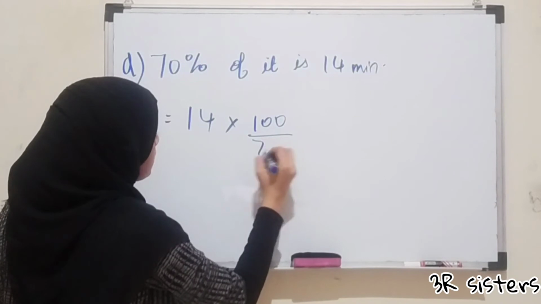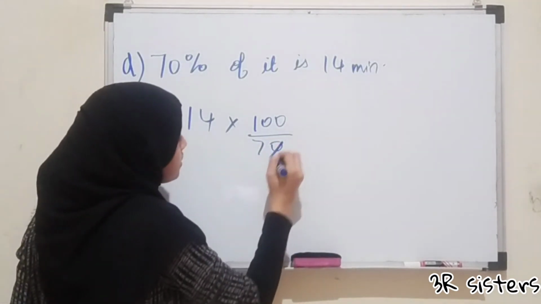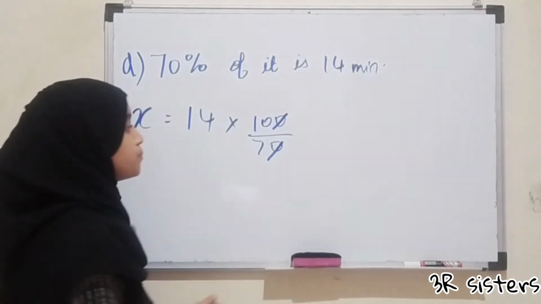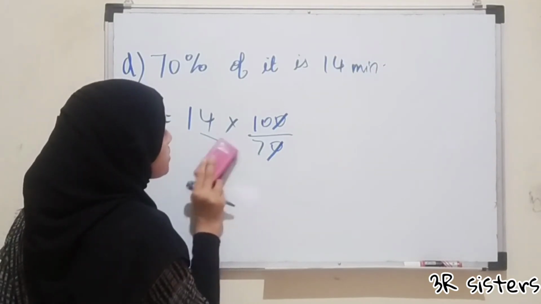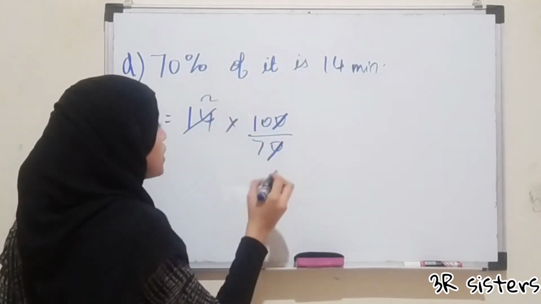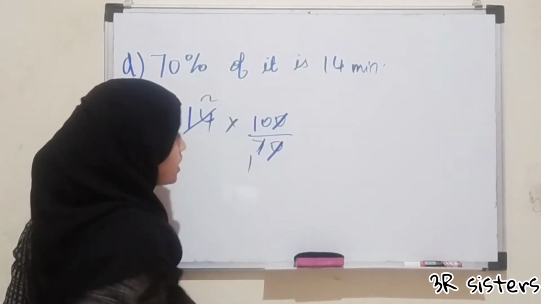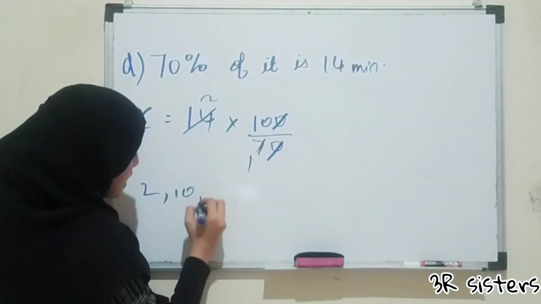Now, we can cut this 0 and this 0. Now, we can cut this from here, right? Because 7 will go in 7's table and 14 will go, right? Now, this will become 2 and this will become 1. Now, what are left? 2, 10 and 1.